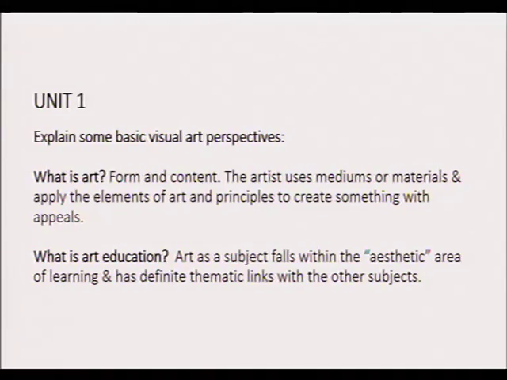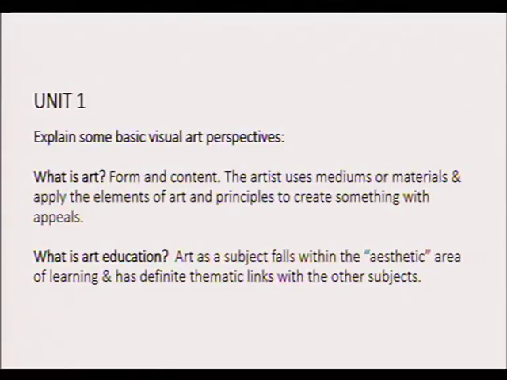Now, we start with the description of the word art itself. In your study guide, it says that art is a form and it's a content. Why do we say it's a form and content? It's because artists use specific mediums or materials.